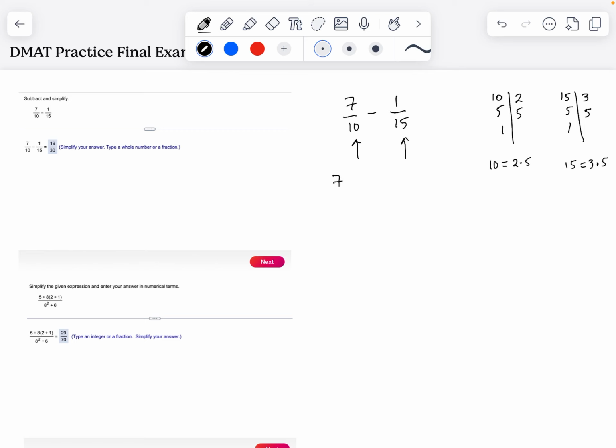So then my fractions become 2 times 5 here and 3 times 5. So I can see both denominators have 5, but one has 2, the other one has 3. In order for them to match, the first fraction is missing a 3, right?